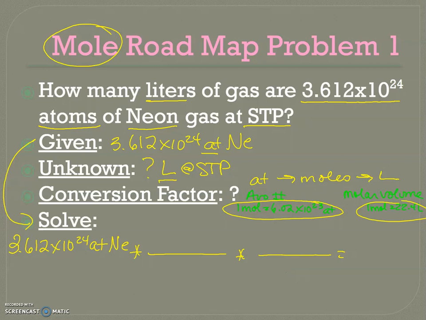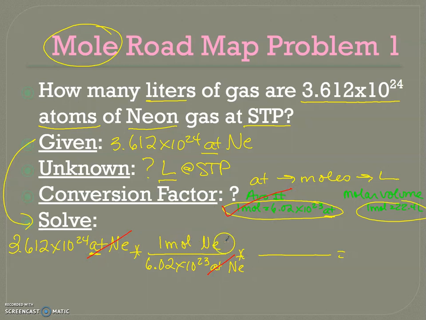So what that means is I look at atoms here and I look at atoms here and I put 6.02 times 10 to the 23rd atoms of neon on the bottom, 1 mole up top. And what cancels out here? Atoms, and I use that conversion factor.